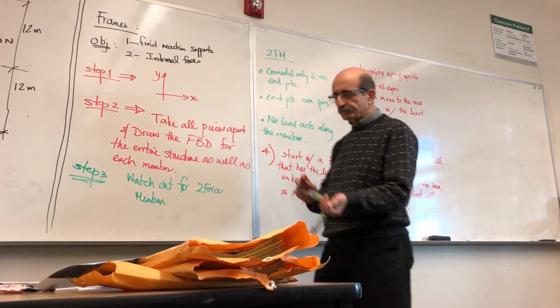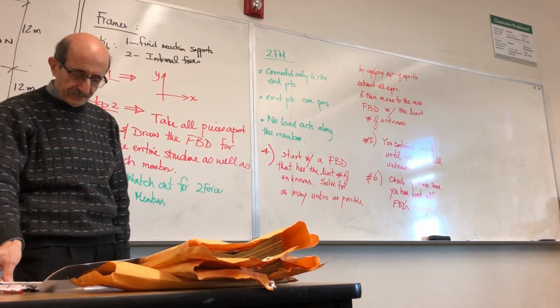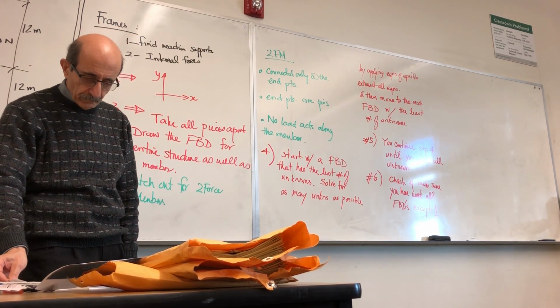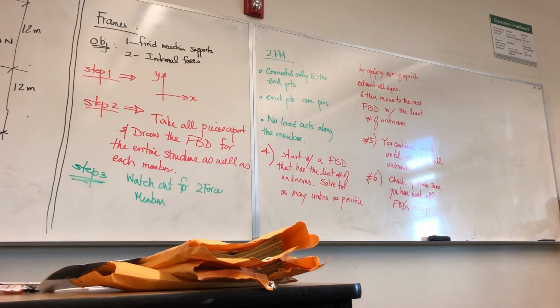In other words, if you have done this correctly, you will always end up with one free body diagram that is not used. Okay? You only need n minus 1 free body diagrams to solve for all your unknowns.